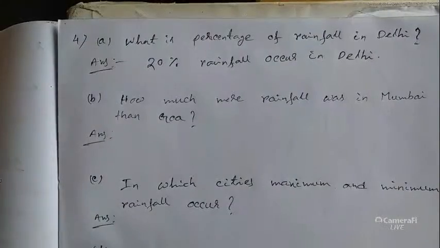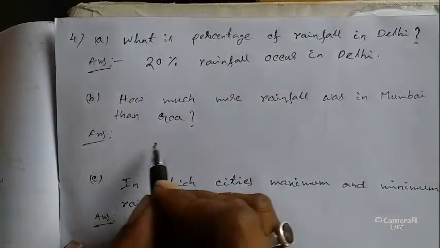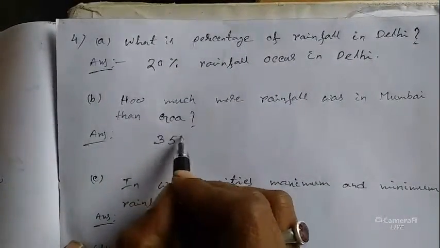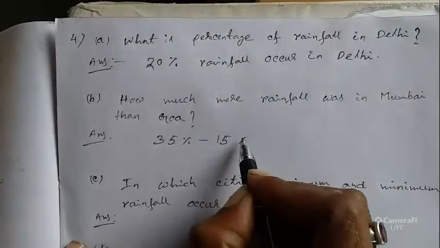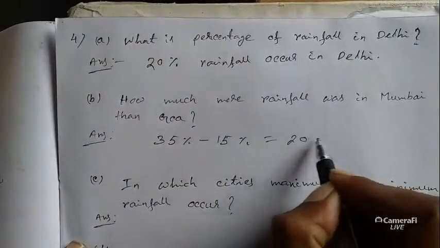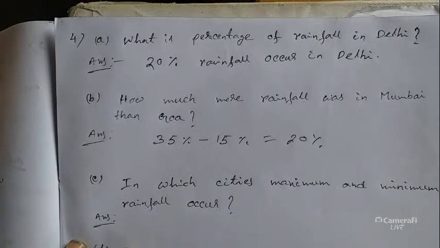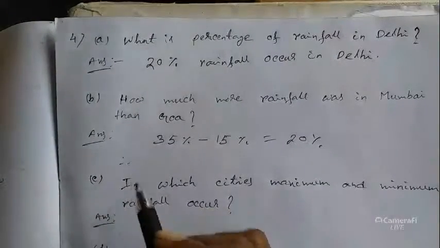So how much more is it? That is 35% minus 15%, that is 20%.